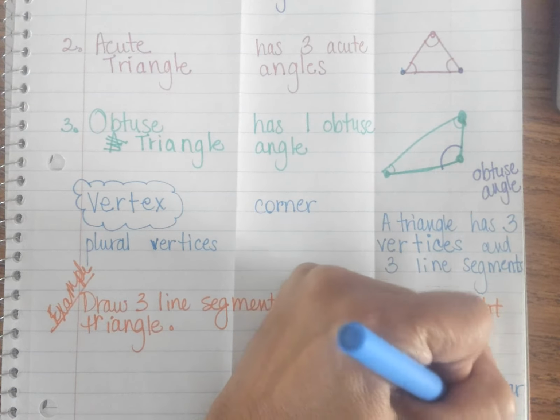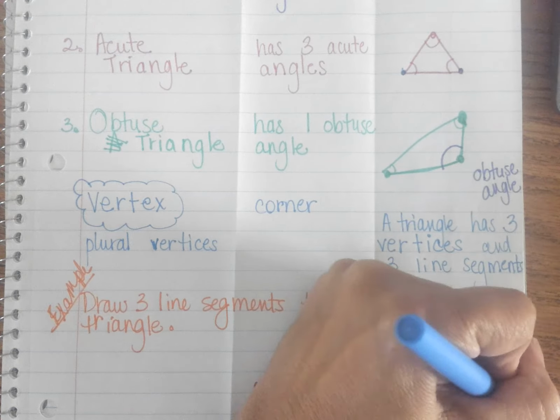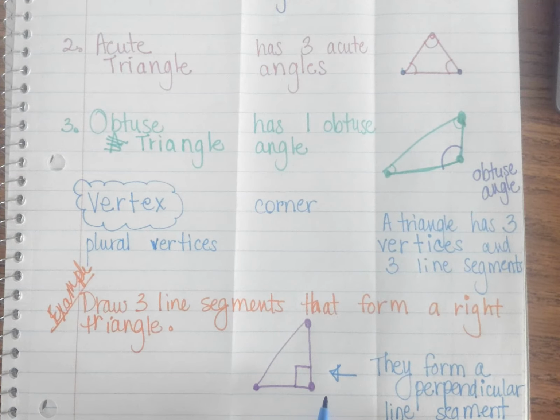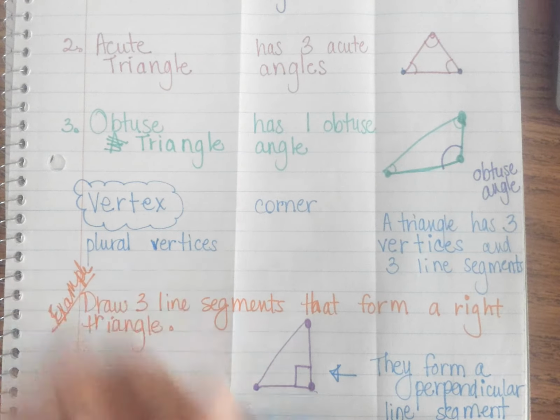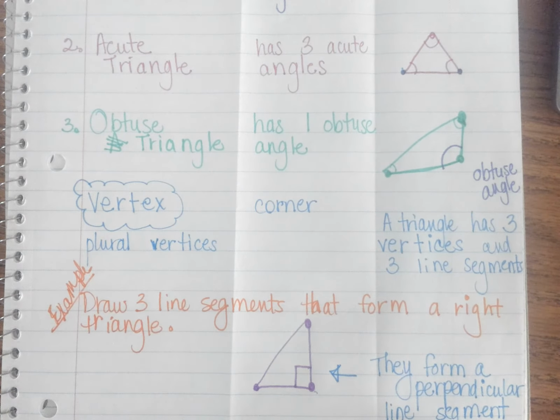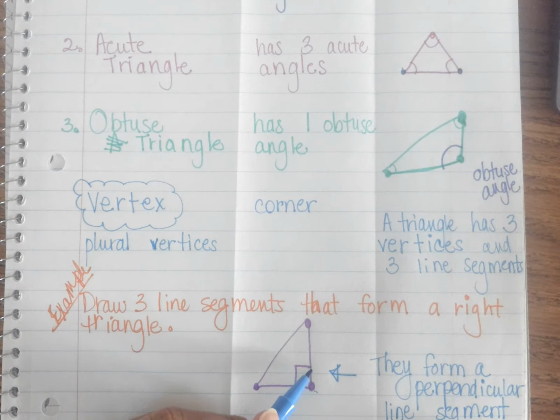You read it. They form a perpendicular line segment. Because they cross and they form a square.